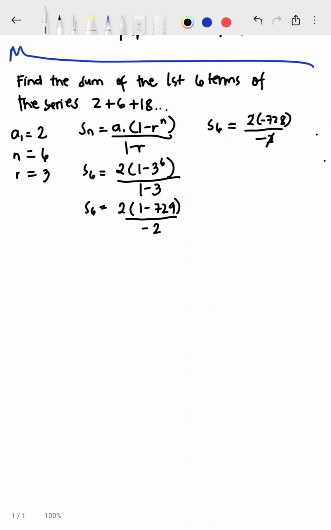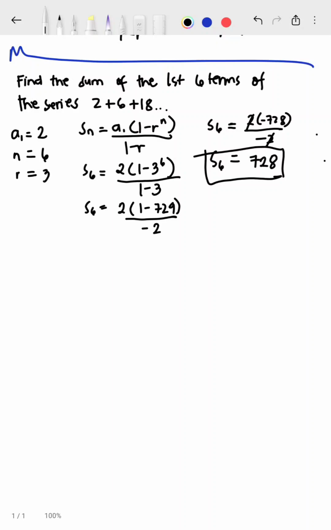You can just cancel this, and what remains is negative. And negative divided by negative will be positive 728. So the sum of the 6 terms will be 728. So that is for the given.